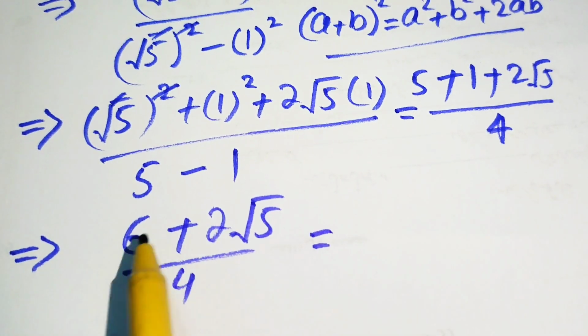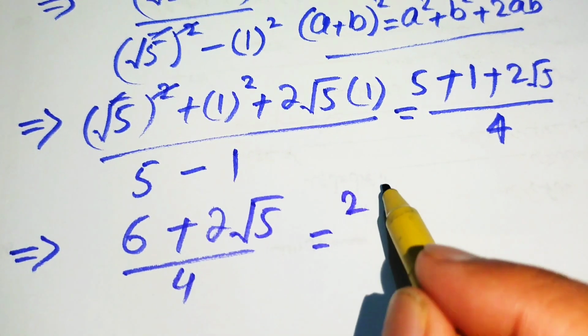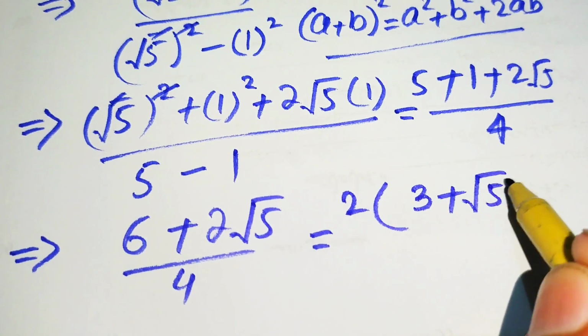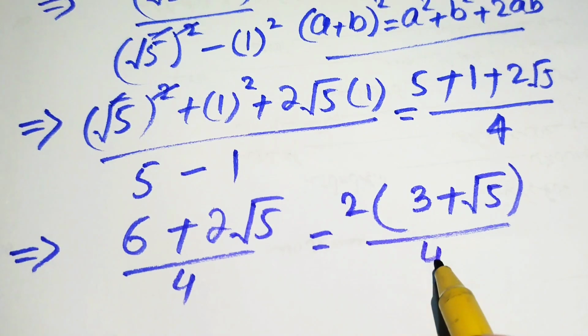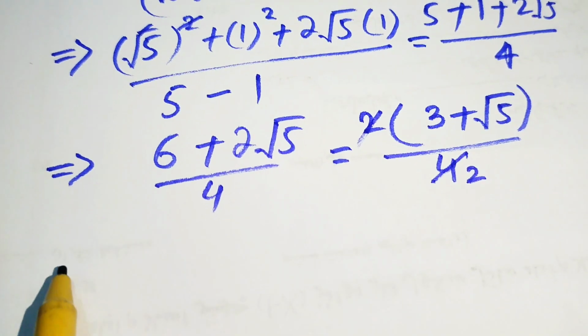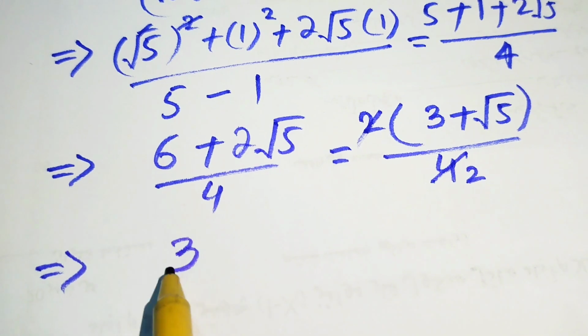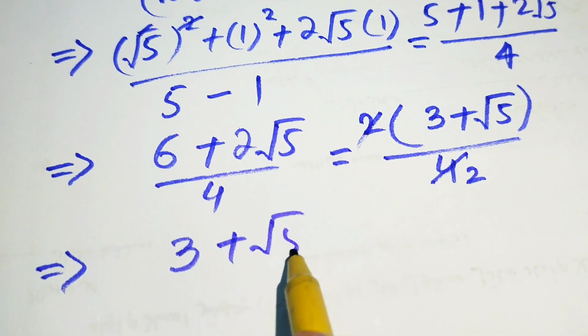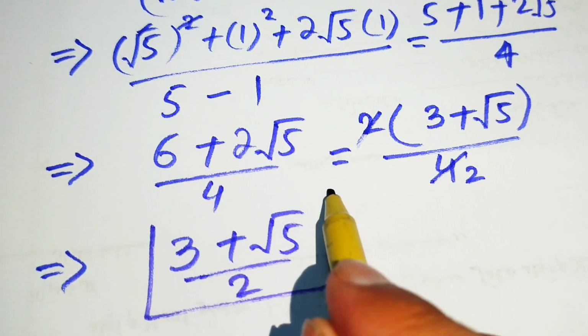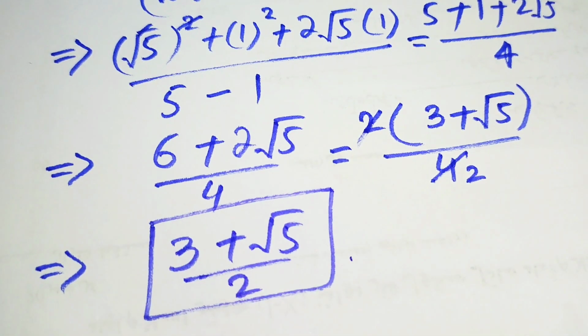Here we take common 2 from the numerator, and the remaining terms are 3 plus √5, divided by 4. This 2 cancels, 2 twos are 4, and we get (3 + √5) divided by 2. So this is our required simplified form.